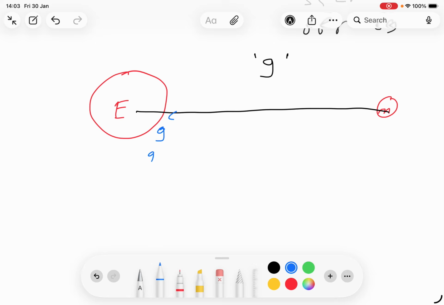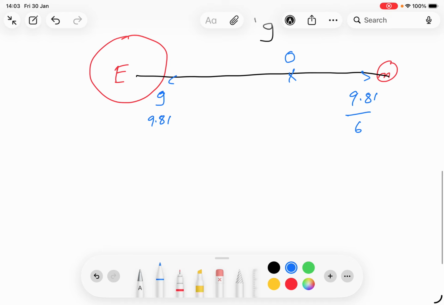So it's going to be 9.81 on the Earth. And yes, there is a bit of a pull from the Moon. It affects tides and things, but that value doesn't really change. On the surface of the Moon, it's about a sixth because it's a smaller object with less mass pulling us down. And we can imagine a point somewhere in between where the field strength is 0, where the pull of the Earth and the pull of the Moon exactly balance.